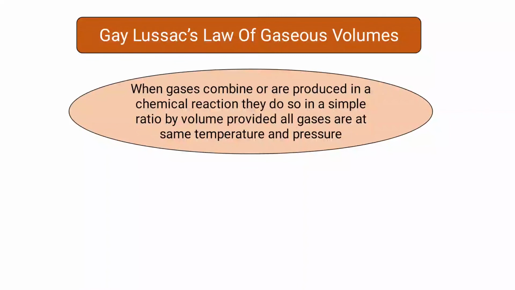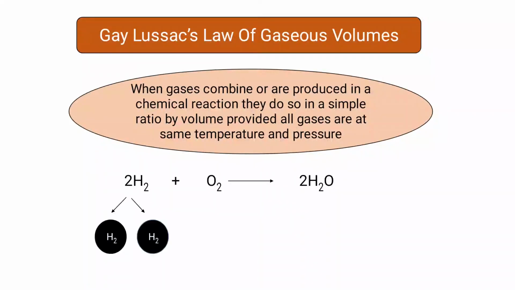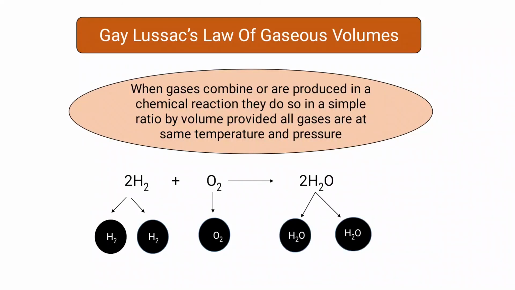Let us understand this by taking an example. For example, we know that hydrogen will combine with oxygen to form water. We are already aware of this reaction. So over here, 2H2 will combine with O2 to produce 2H2O, which means 2 volumes of hydrogen will combine with 1 volume of oxygen to produce how many volumes of water? 2 volumes of water.